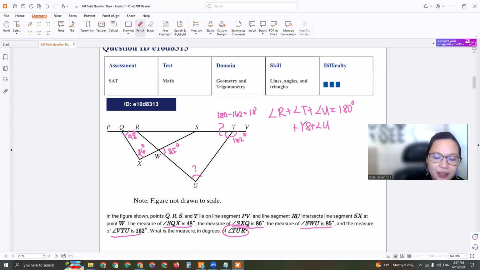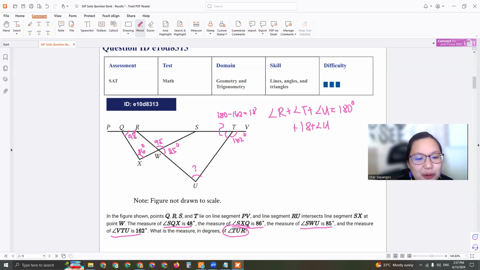What do we have here? This is equal to 95, correct? Let's double check. We have a calculator for a reason. So they should add up to 180. So 180 minus 85, it is 95.